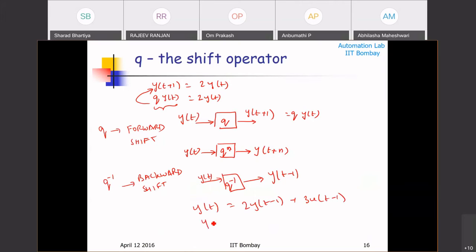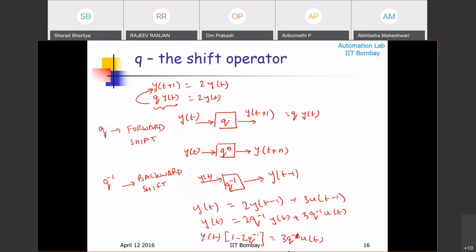And you say, okay, y of t, I can write this as 2 times q inverse y of t plus 3 times q inverse u of t. You'll see y of t is common. So I could write this as y of t into 1 minus 2q inverse is equal to 3q inverse u of t.